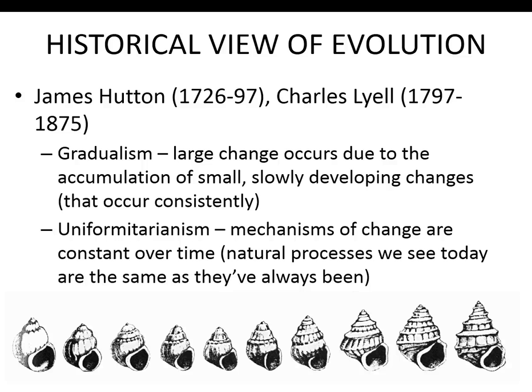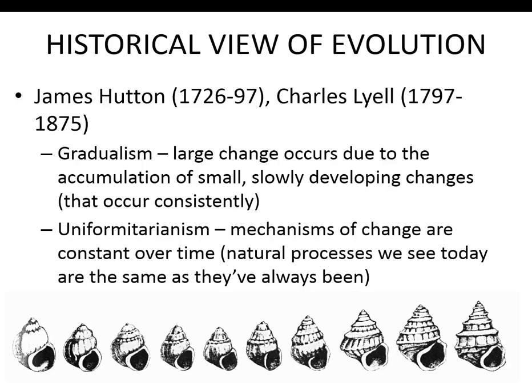So we have these forces that are promoting change, but those forces are constant. And because those forces are constant, the change that we see is going to occur very slowly and accumulate and build up to where we actually see change in the fossil record, and that's gradualism.